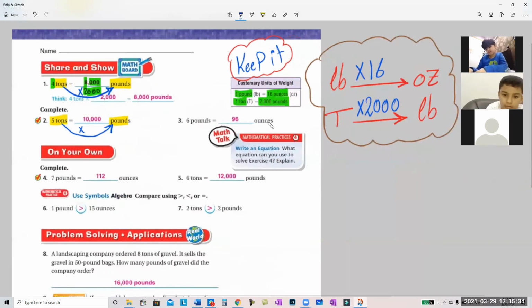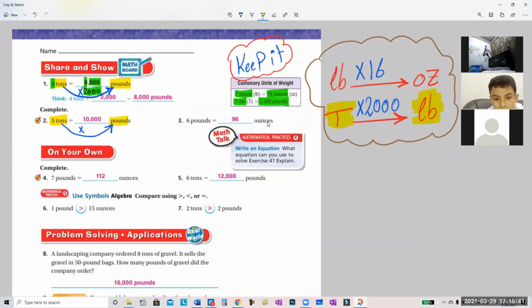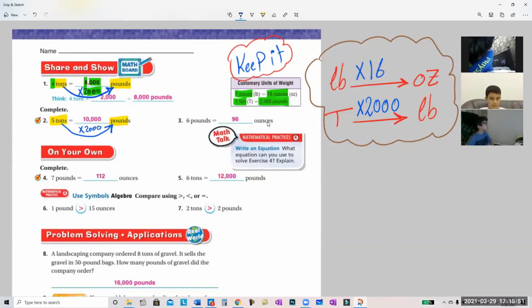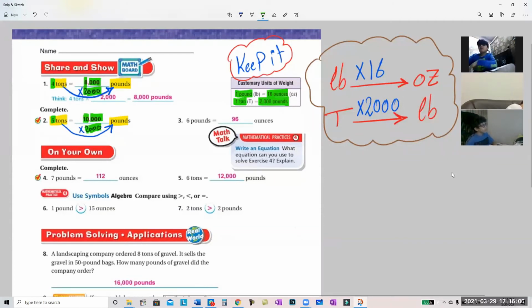We have here tons to pounds. So we're going to multiply by what? We can multiply by 2,000. Yeah, great. So first of all, we're going to put the zeros. We have 3 zeros, put them the same. And then 5 multiplied by 2 equals what? Equals 10. So it becomes 10,000 pounds. Okay, got it? Yeah, got it. Thank you so much.